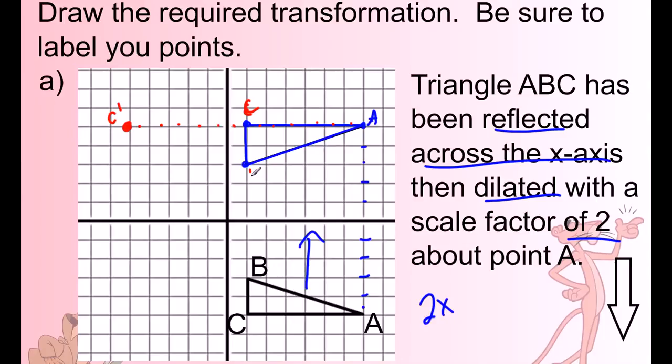Okay, this is my point B. Now this has to become double the size. I can do this a couple different ways. One way is I can do this little segment here, the CB. If it's a length of 2 here, if I double it, it should be a length of 4: 1, 2, 3, 4. B prime.